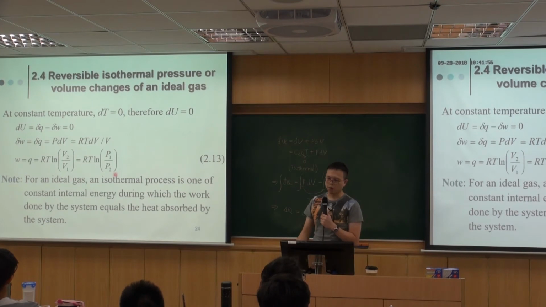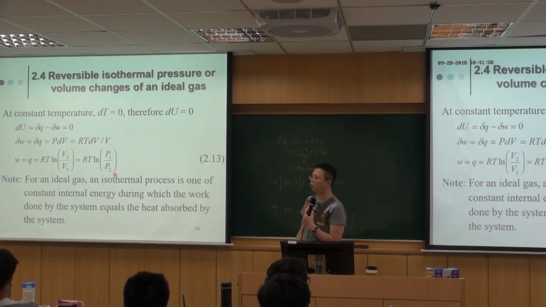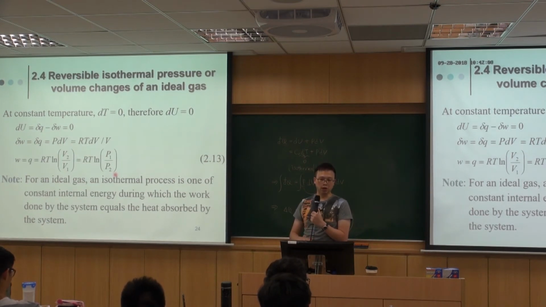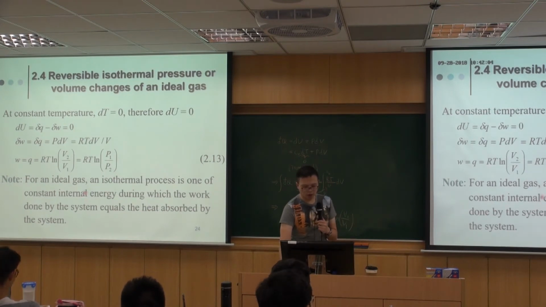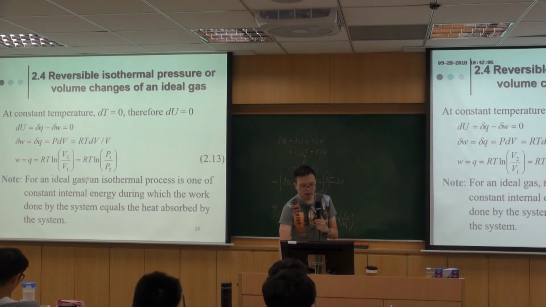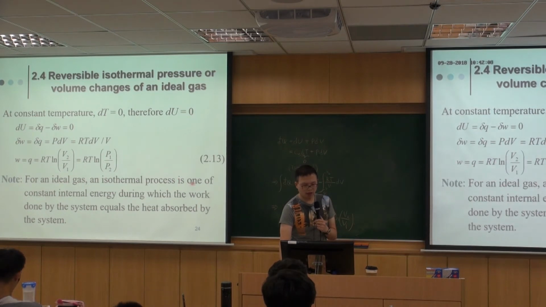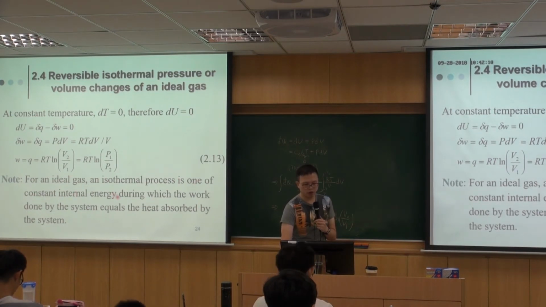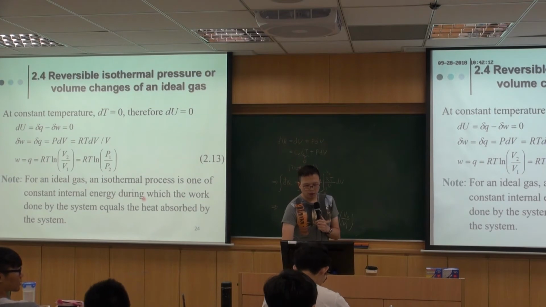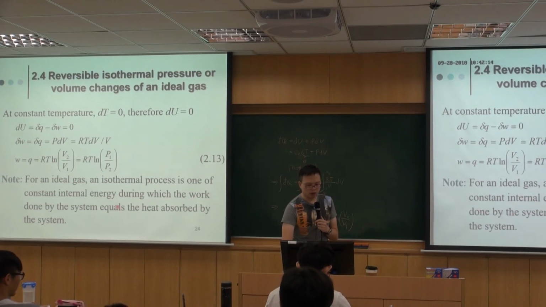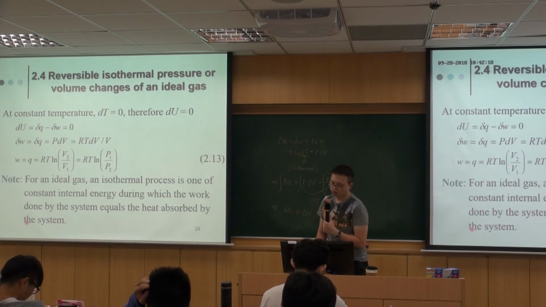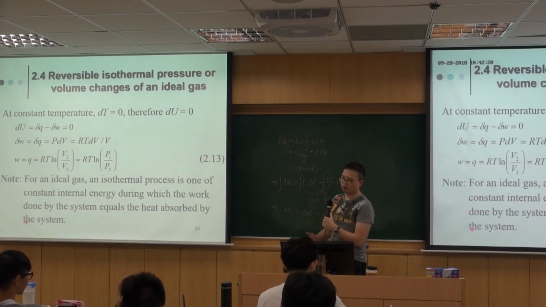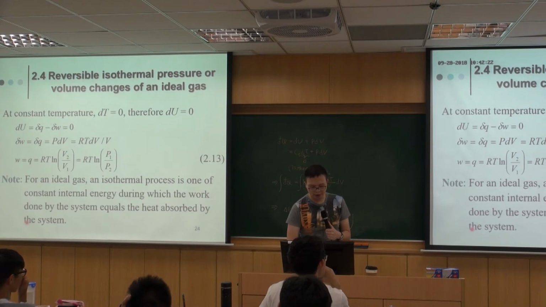The heat absorbed by the system will be totally converted to work. And therefore, here it states that for an ideal gas in an isothermal process, with constant internal energy, the work done by the system equals the heat absorbed by the system. So the system absorbs heat and converts that into work completely.